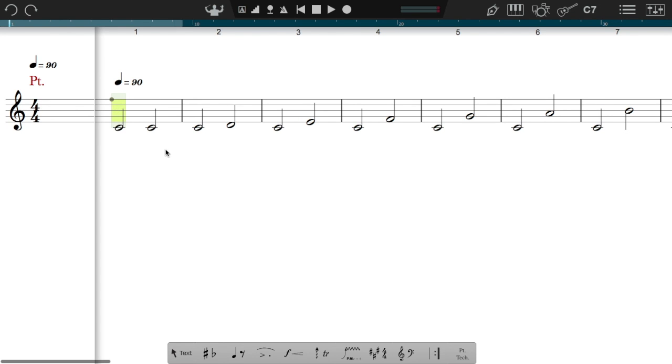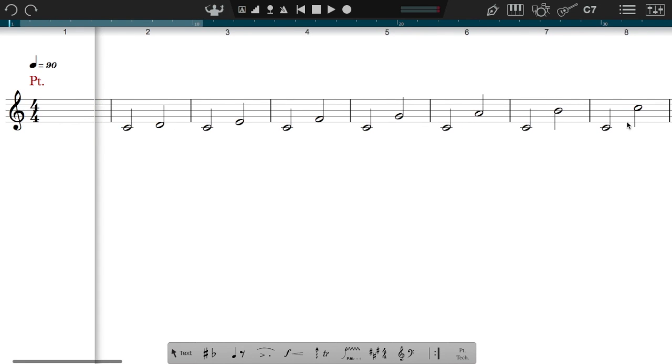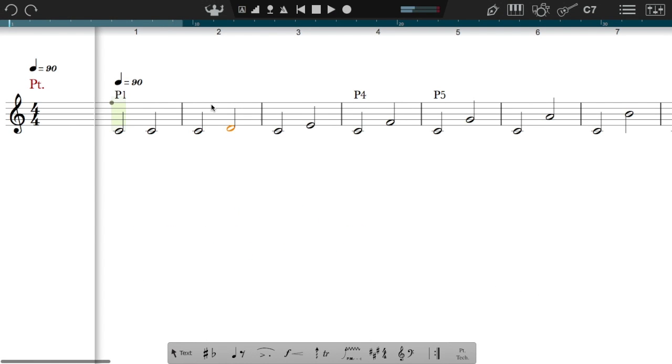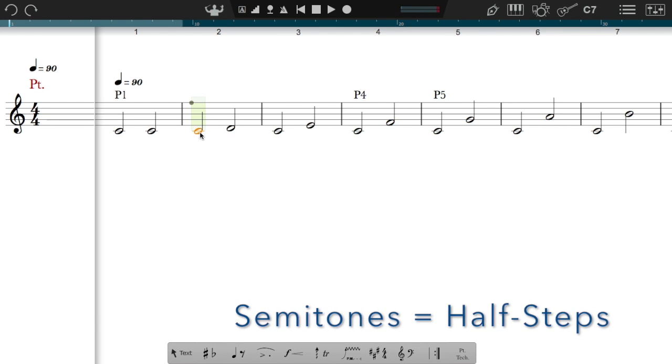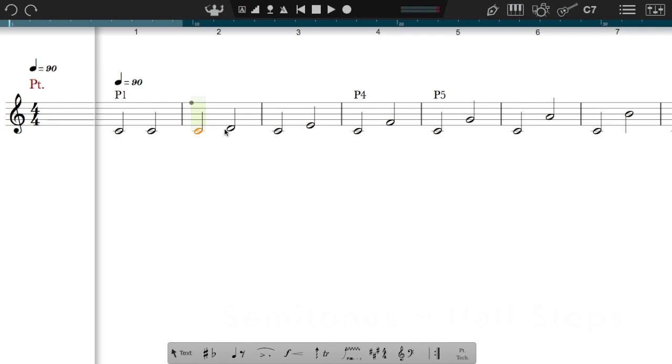Now, to figure out the quality, we're going to find that your unisons and your fourths, fifths, and eighths are all what we call perfect. C to D. If you remember in our last video, we talked about counting semitones. How many semitones are in between C natural and D natural?